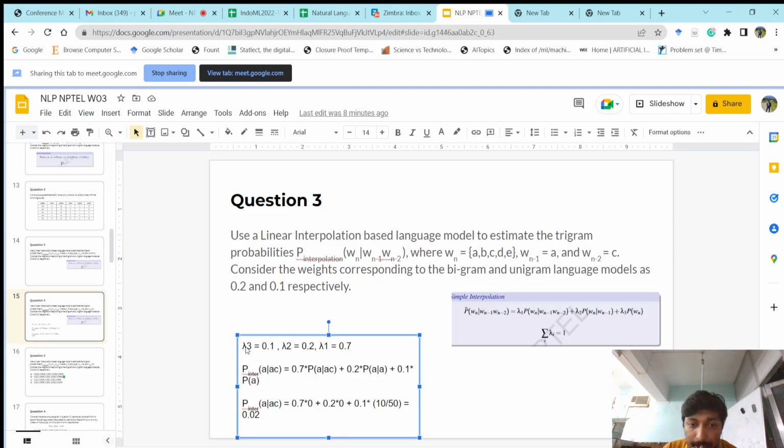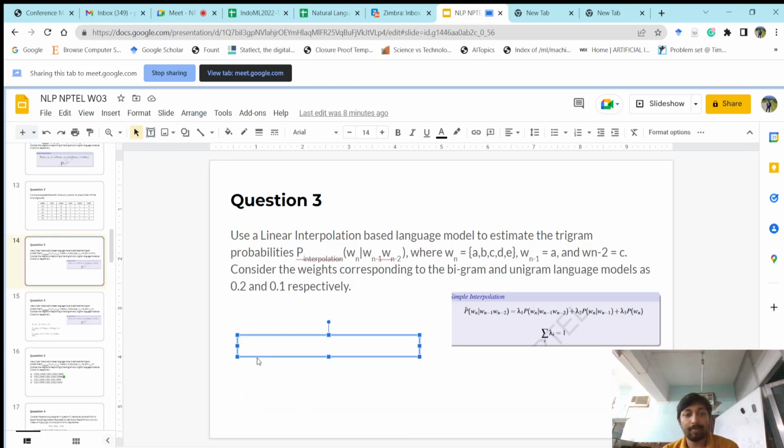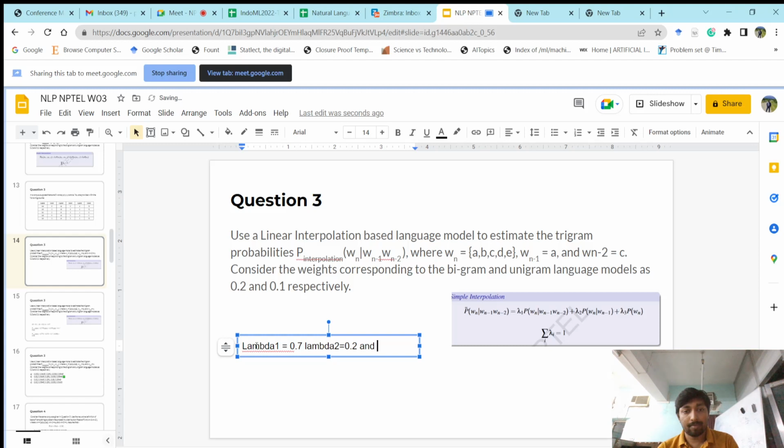So the first information that we need is the lambda. Lambda 1 is equal to 0.7. Now we need to calculate the rest.